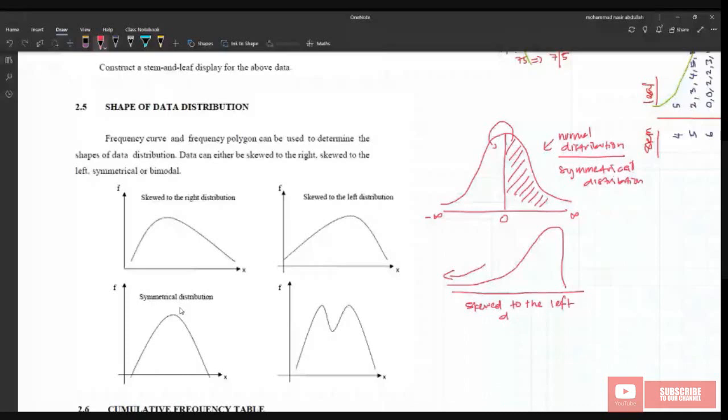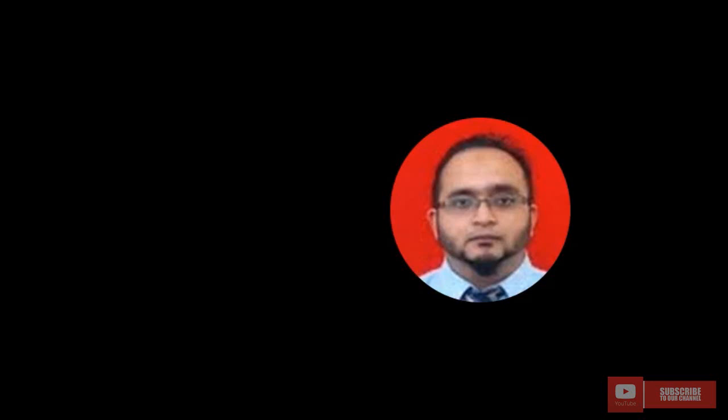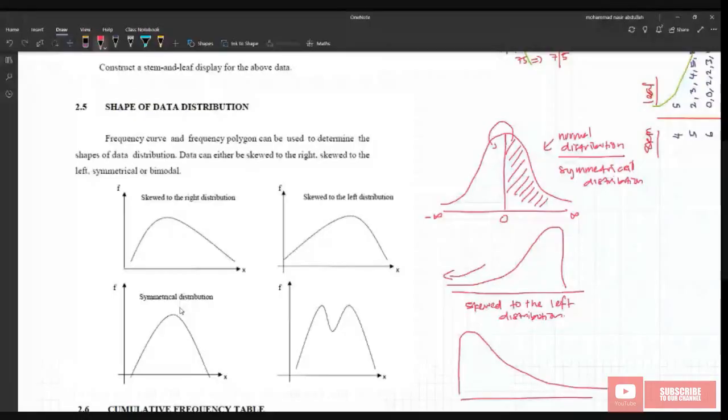Skewed to the left distribution. And another one is where we have the tail long to the right. So when the tail is longer on the right side, this is what we call a skewed to the right distribution. Right?